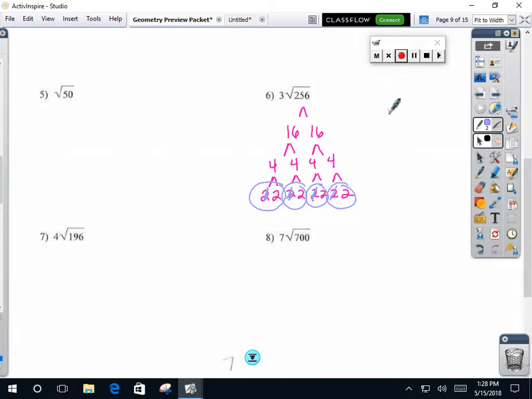No, 2 times 2 is 4, 4 times 2 is 8, 8 times 2 is 16. But right, don't forget, pay attention. Don't forget that that's not the final answer because that 3 was already on the outside, which makes the final answer what? 48. Now, I want everybody to type in 3 square roots of 256 in your calculator.